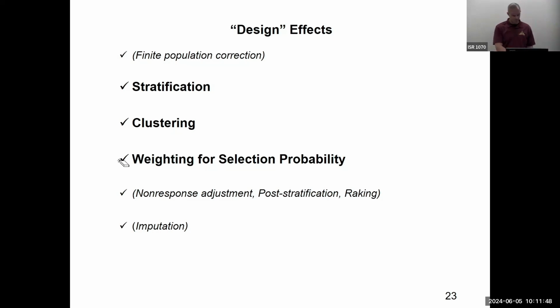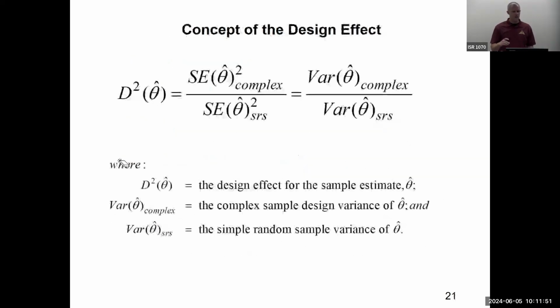I also want to bring up a point that came up during the break. Remember that the design effect is specific to an estimate. The design effect is not a property of a survey, it's a property of an estimate.